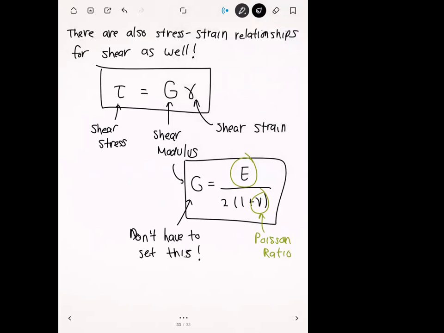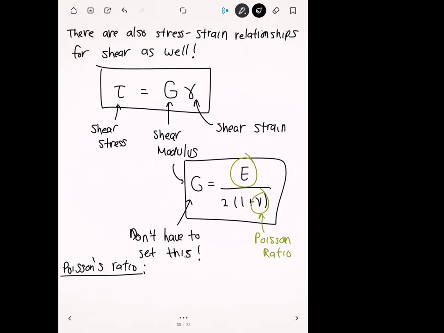Speaking of the Poisson's ratio, let's go ahead and define that here. We've talked about Young's modulus and what that does, and you can see shear modulus here. But Poisson's ratio is another important quantity that we have to know what it does. Symbolically, we usually give it the symbol nu, which is kind of the fancy V, that's what I call it.